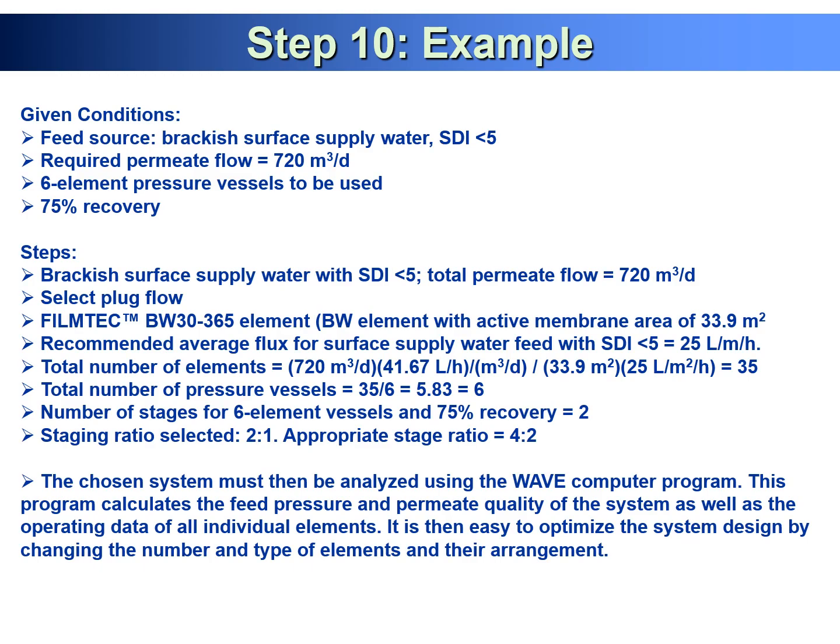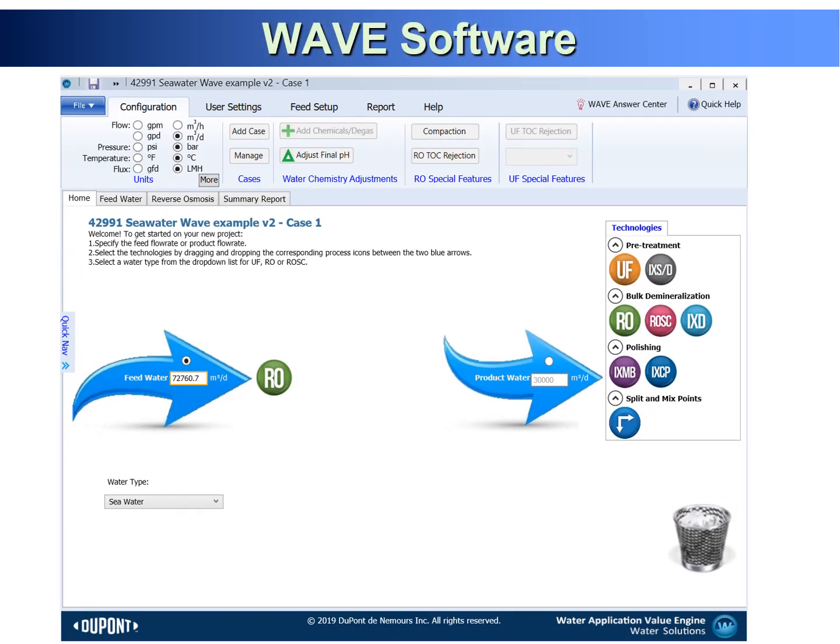steps, the WAVE software, you can install the program, and the first screen is like this. You have File, where you can save and open files, Configuration, and the flow in terms of different units: bar, degree, and LMH.